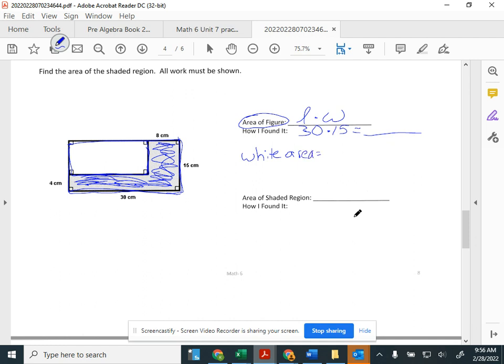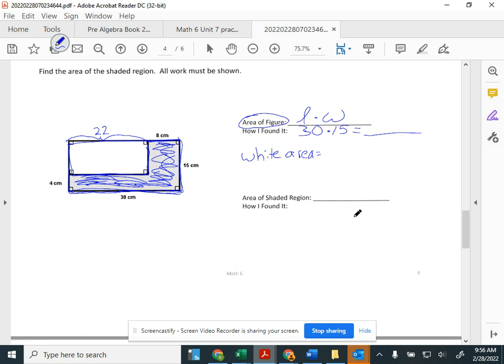So I need to figure out my length and width of the white area. If it is 30 long and 8 of it is with the shaded, what is the white length? Brielle? 30 minus 8 is 22.